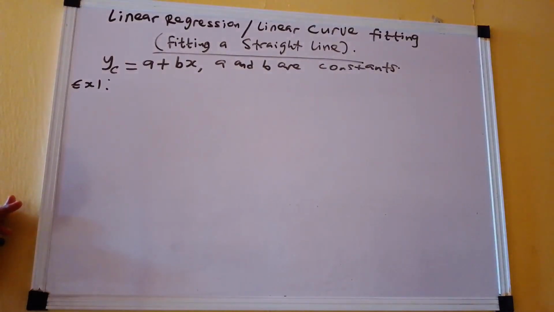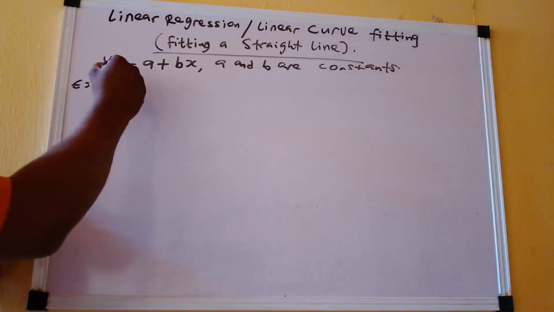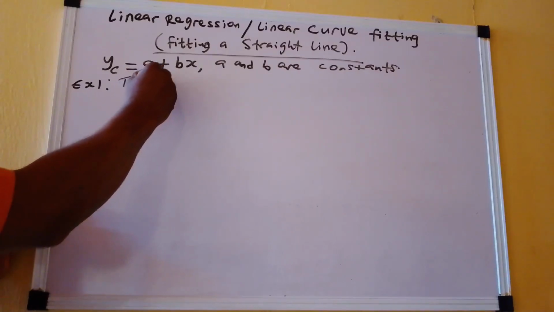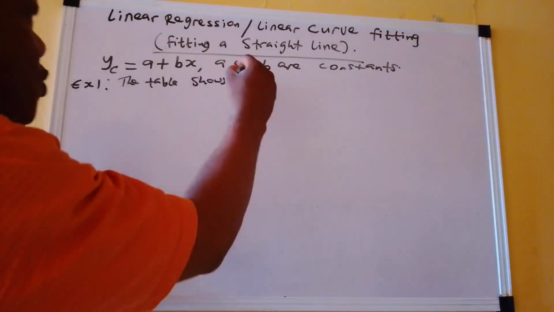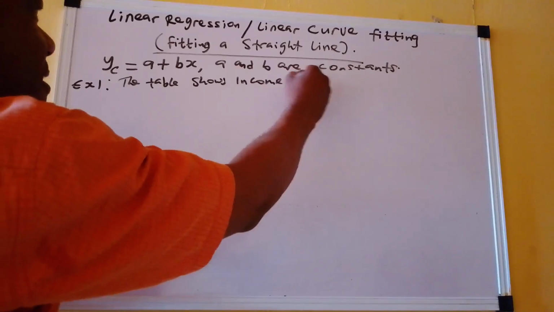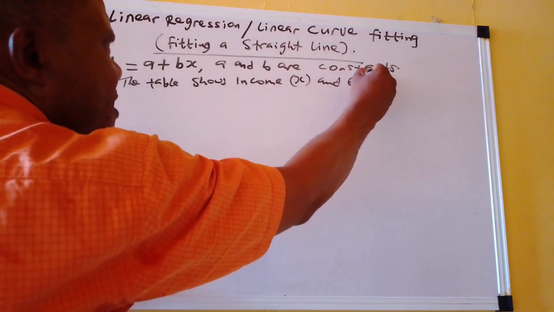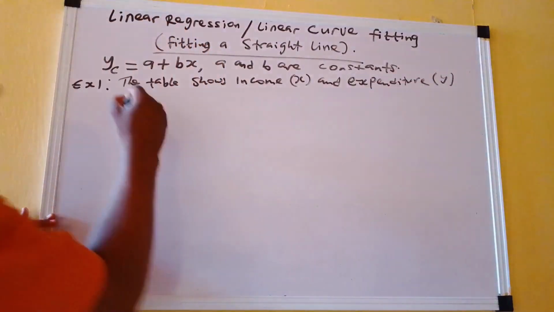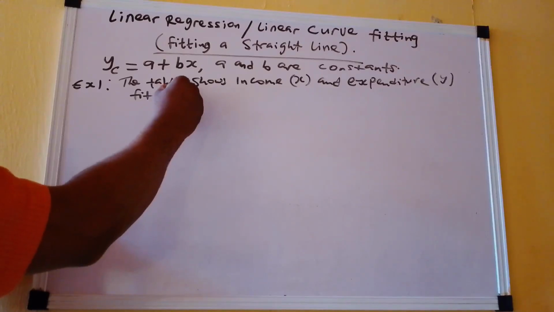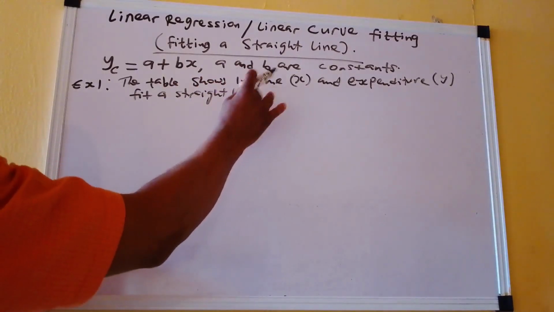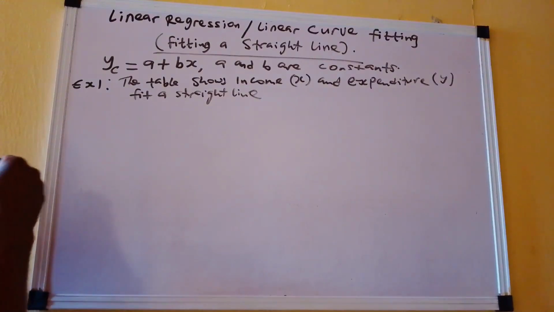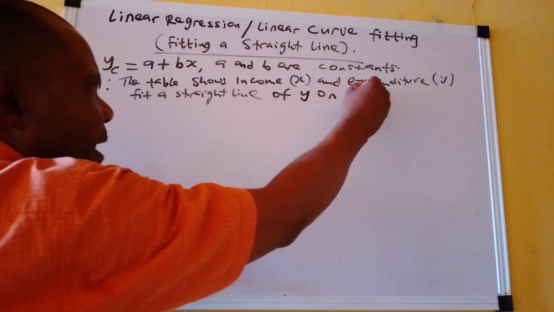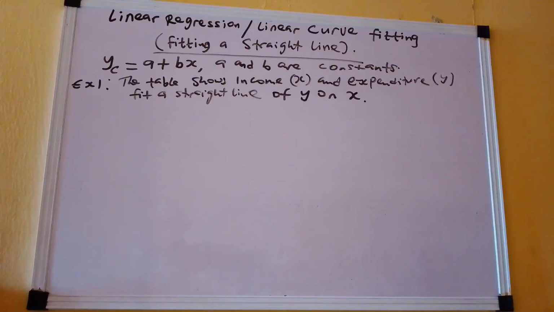Example 1 comprises income X and expenditure Y. The table below shows income X and expenditure Y. Now fit a straight line of Y on X. That means Y, which is the expenditure, is now depending on X, the income.